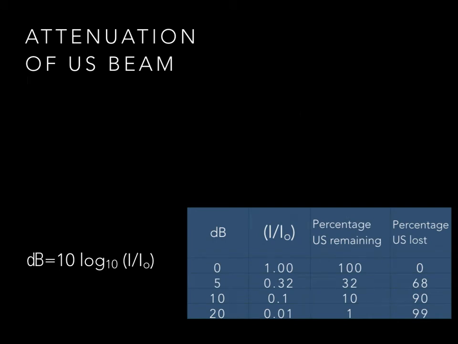Decibel always expresses a relative difference between two acoustic signals and is based on a logarithmic scale. I shows the intensity at any point, while I note shows the initial intensity. The table demonstrates the relationship between attenuation in decibel and the percentage intensity remaining or lost.